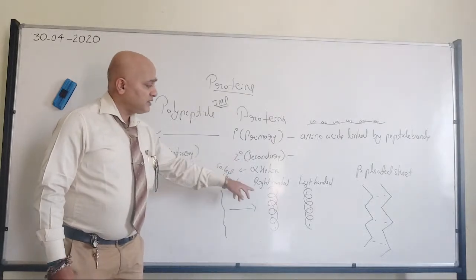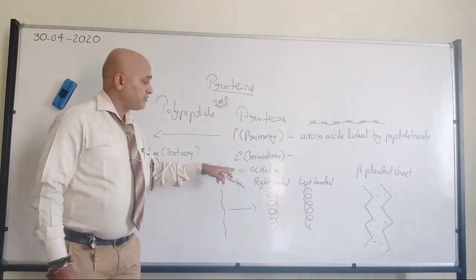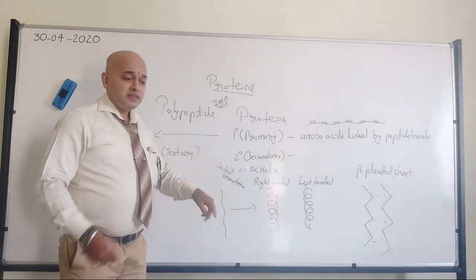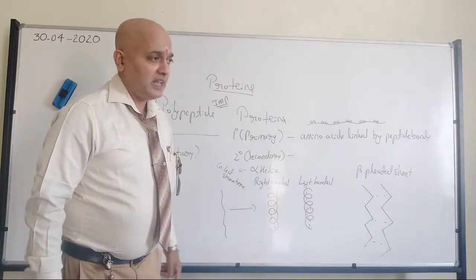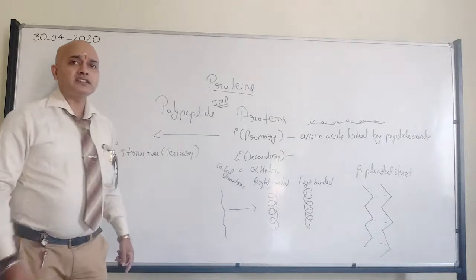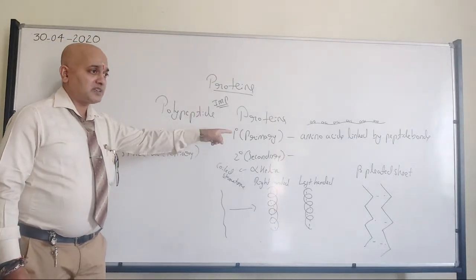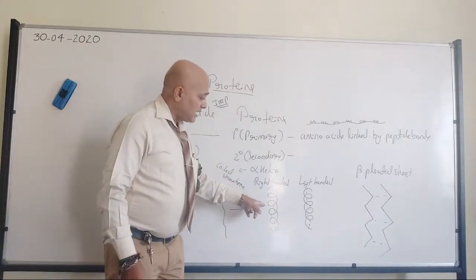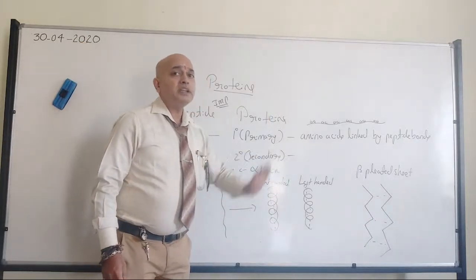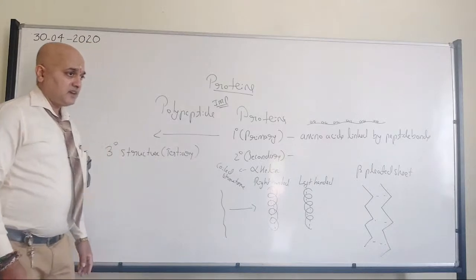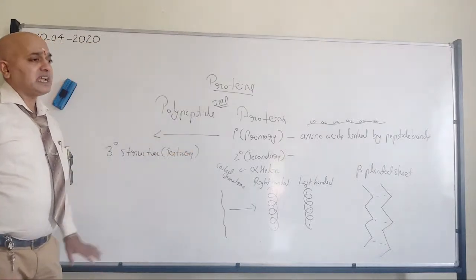Then based on that, different secondary structures will be formed. It's like a wall. The pattern of foundation you have laid, in the same pattern the wall has to be laid. Right? So that's what the primary structure is going to decide, whether I am going to get alpha helical structure or beta pleated sheet structure. Right? That is related to secondary structure.